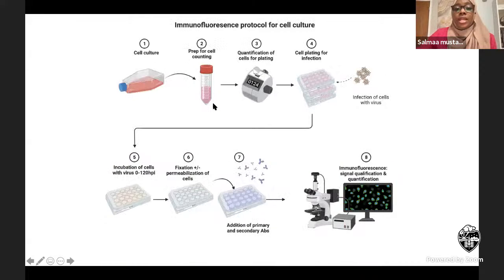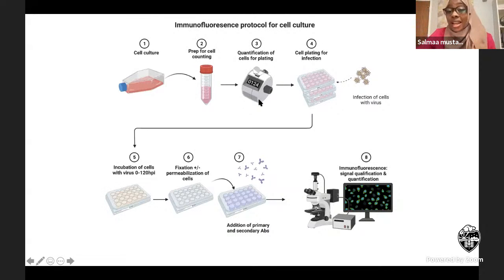Okay, so let's talk about the IFA protocol for this one. So the same process. I get my cell culture, you do the infection, you make sure that you count your cells, and then you determine your MOI with that.